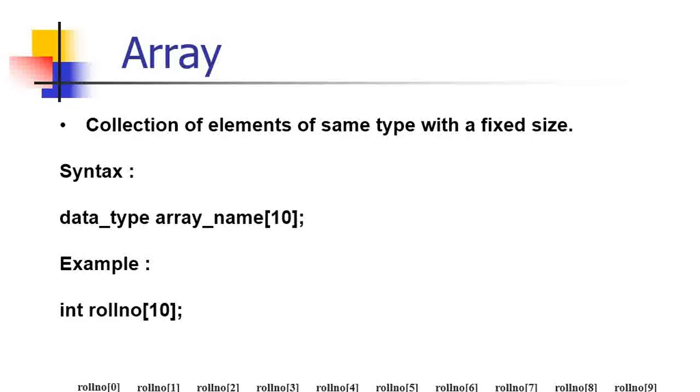That will be 10 into 4 is equal to 40 bytes, the total size. This 40 bytes will be divided into 10 memory chunks of 4 bytes each, but all 10 will be stored at contiguous memory locations.